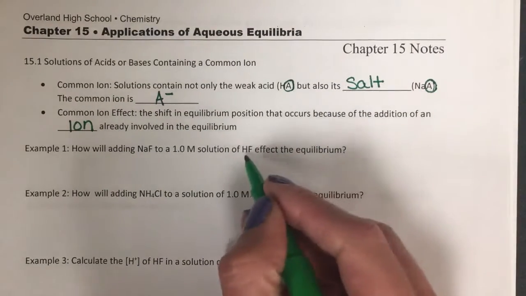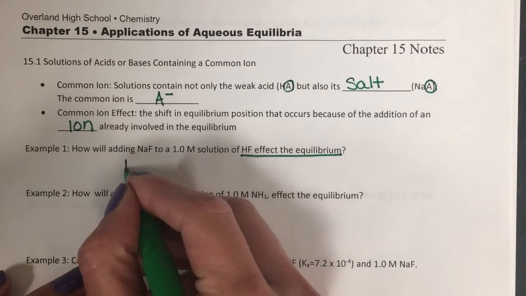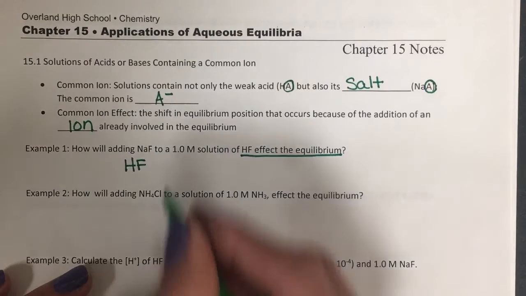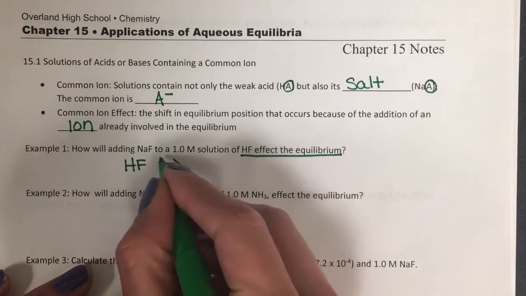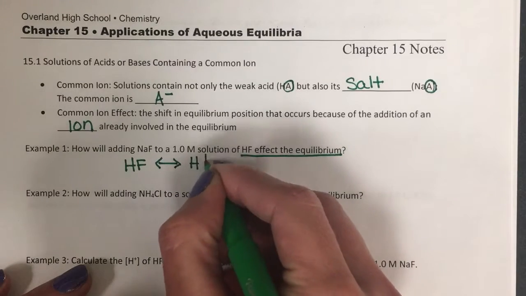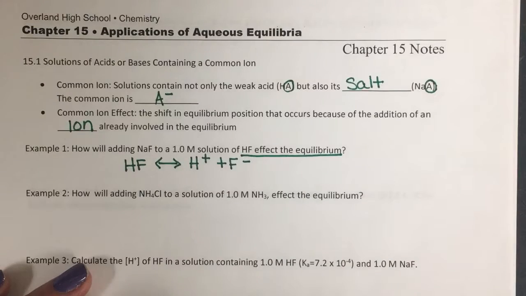Here I've got an HF equilibrium. So I know that hydrofluoric acid is a weak acid. It does not dissociate completely, so the reaction goes both ways. When it breaks apart, it'll break into H plus and F minus.